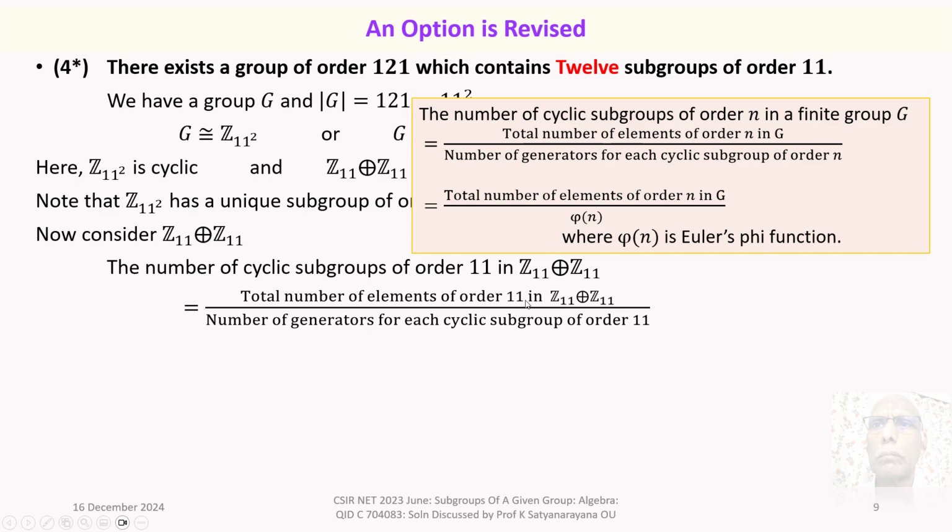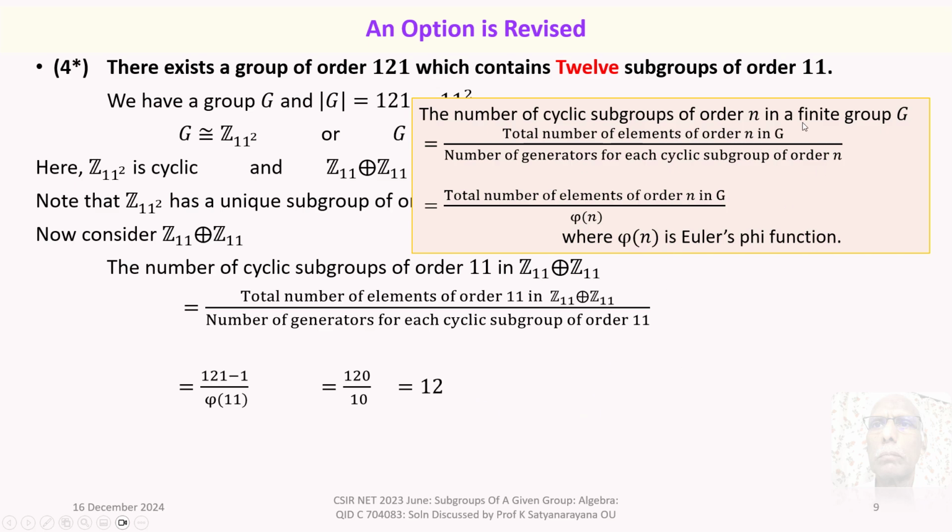And all the remaining elements are of order 11. You can check: any ordered pair (a, b) which is not the identity is of order 11. So the total number of elements of order 11 is 121 minus 1, that is 120, divided by phi of 11, which is 10, that is 12. So the number of cyclic subgroups of order 11 in Z11 plus circle Z11 is 12.